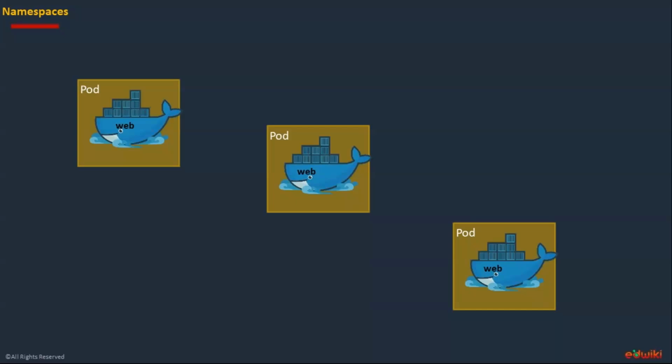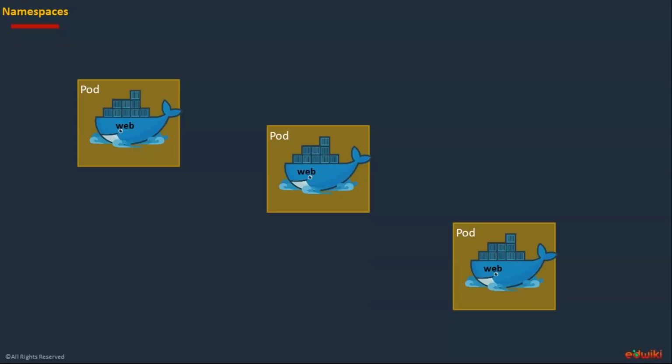Of course, I'm running 3 pods, that is good. But which pod is accessible by the dev URL? Which pod is accessible by the QA URL, which is for the production URL? So it's very difficult to manage the deployments of multiple environments without having any isolation in between.